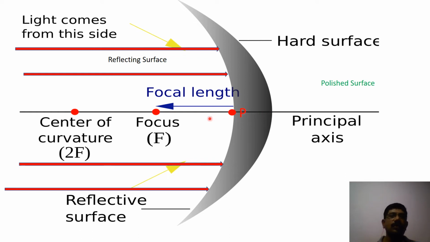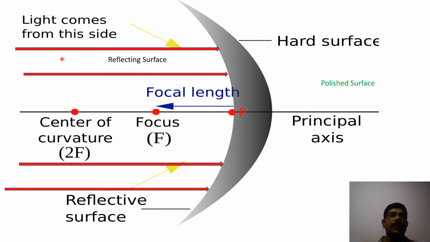Now observe this one. This is a concave surface, because the reflection of light is taking place on the inner surface which is bent inward. The outer surface is silver painted, that is the polished surface. So only this portion serves as the reflecting surface.